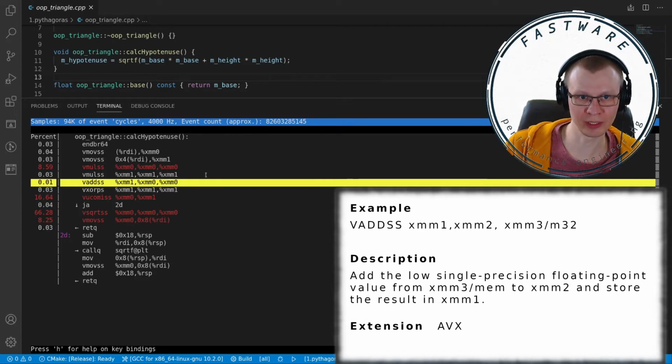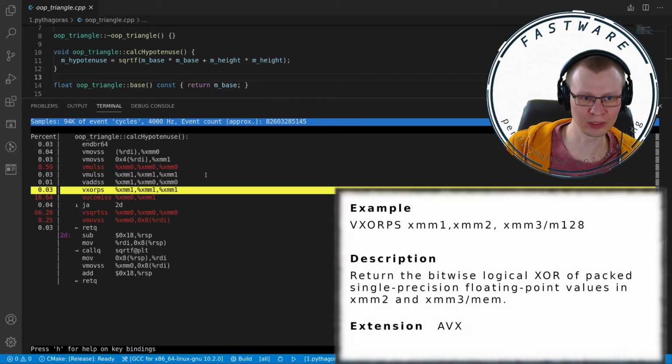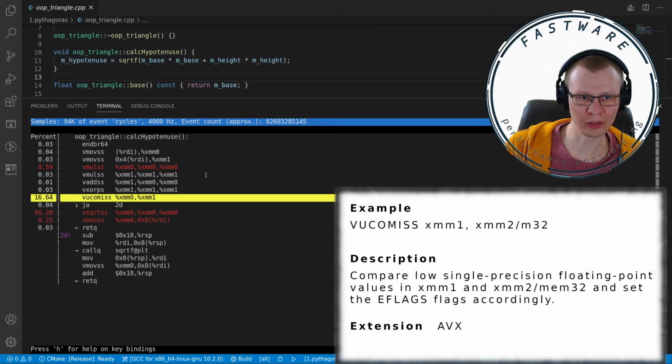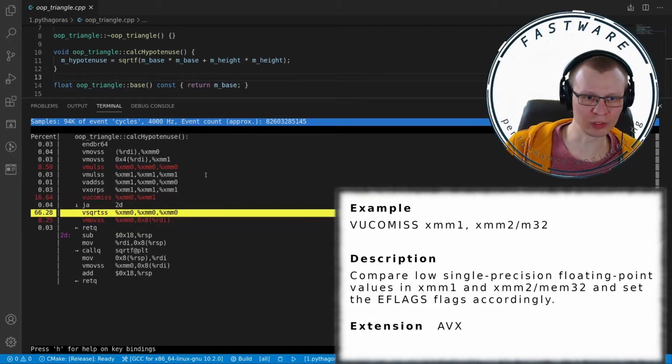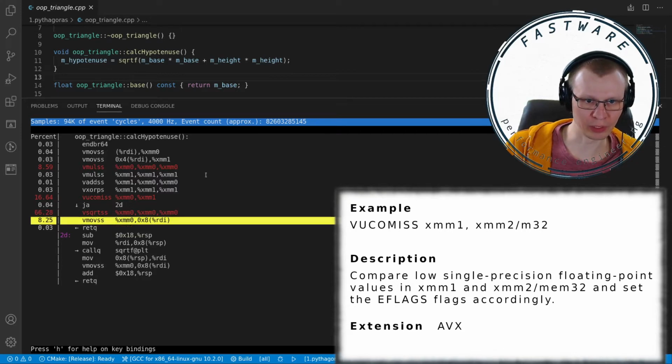So what it does here is take the result of base times base and height times height and add these together, storing this into register XMM0. Then this is the clearing instruction. It says basically clear the XMM1 register, so it XORs it with itself, with the result of that being 0. Now here is some error checking. It says if XMM1 is 0, do some other code, but if it's not 0, continue with these instructions.